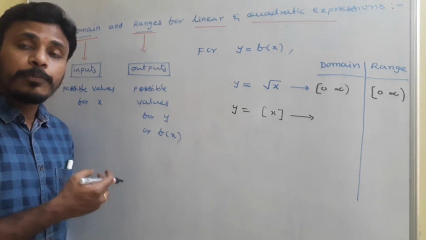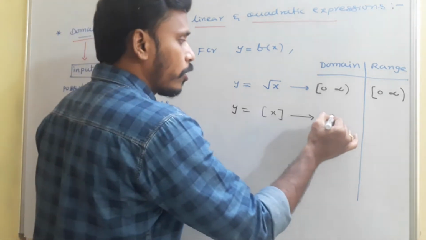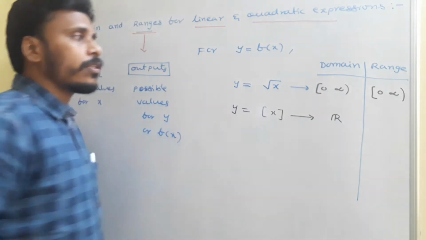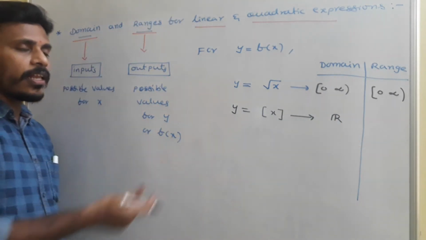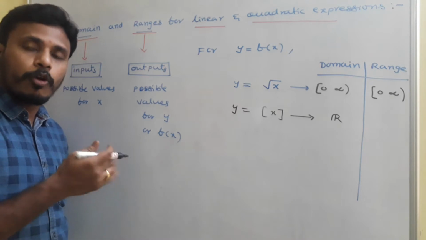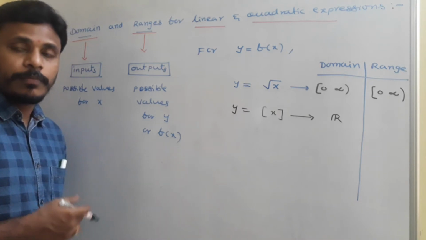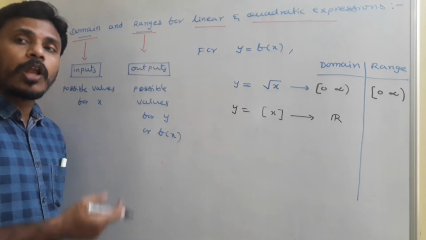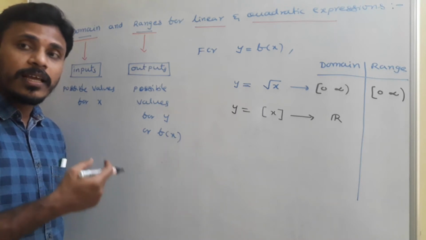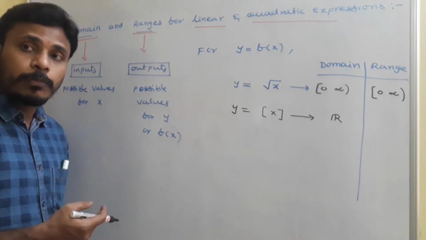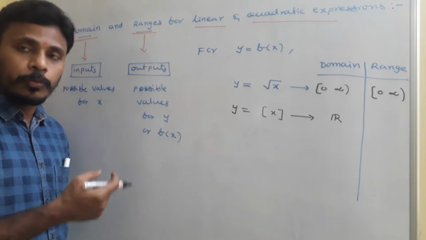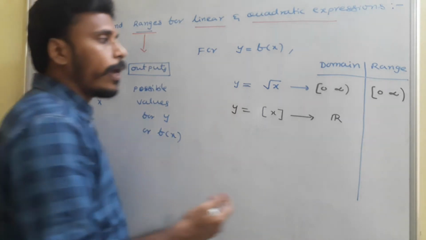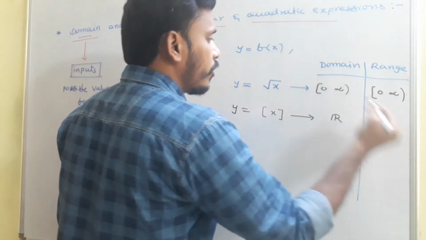The possible inputs for x are all the real numbers. So for step x, the domain is all the real numbers. Take any real number in the place of x, no problem, the step x value will exist. But what are the possible outputs? Take any real number in the place of x, and when you observe all the possible outputs, all the possible y values are just integers.